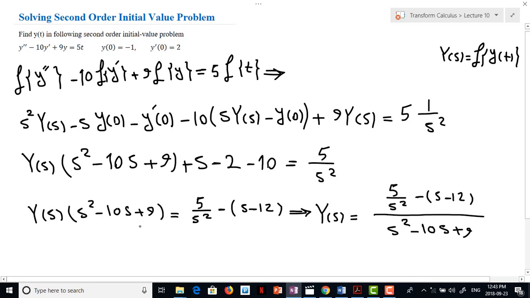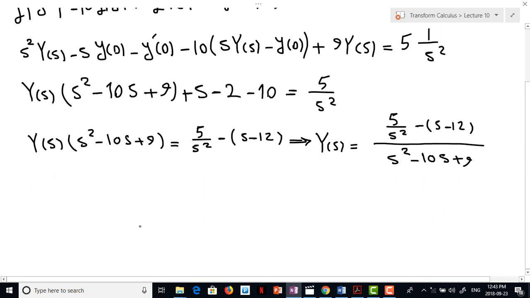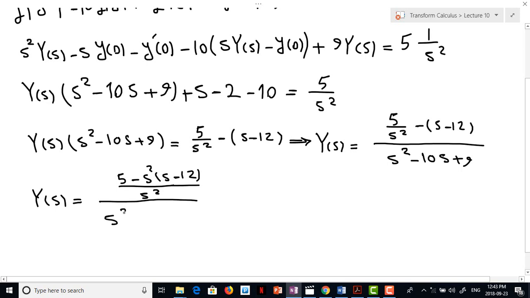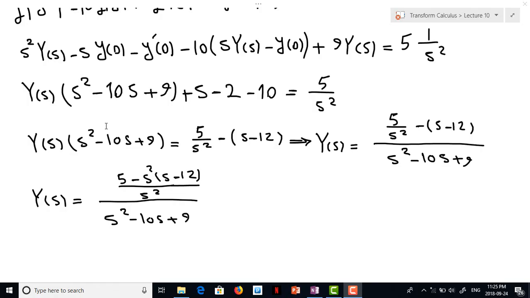If I want to simplify Y(s) more, we can say Y(s) is equal to, here we have s squared, so 5 minus s squared times s minus 12, divided by s squared minus 10s plus 9.